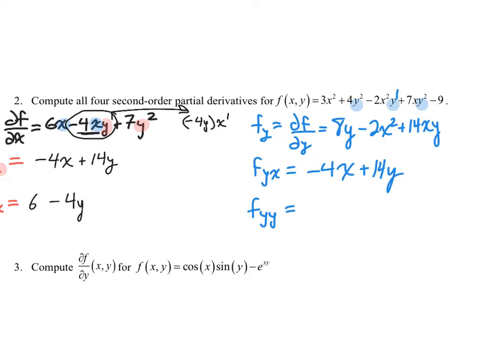So, you know, you kind of look at a situation where maybe you have a fourth order partial that has 2 x's and 2 y's in it. It doesn't matter what the arrangement is. So let's say it's a fourth order partial. In one case it says you're supposed to do f sub xyxy, and in another case it says f sub yyxx.